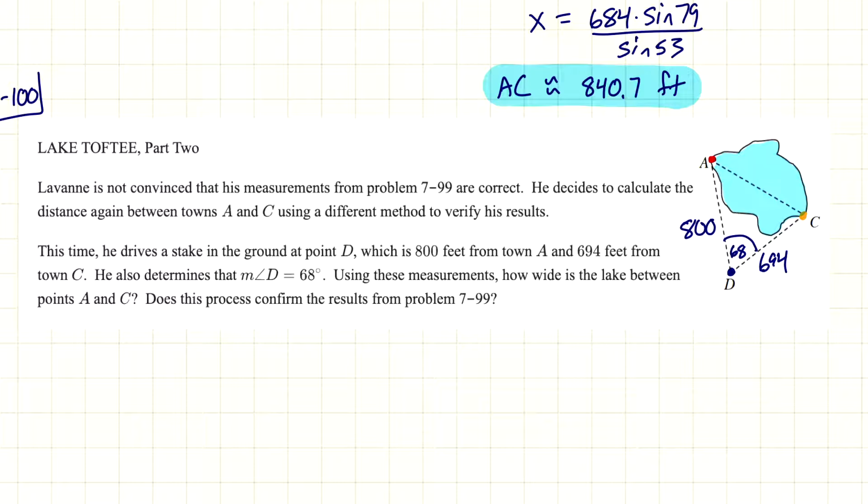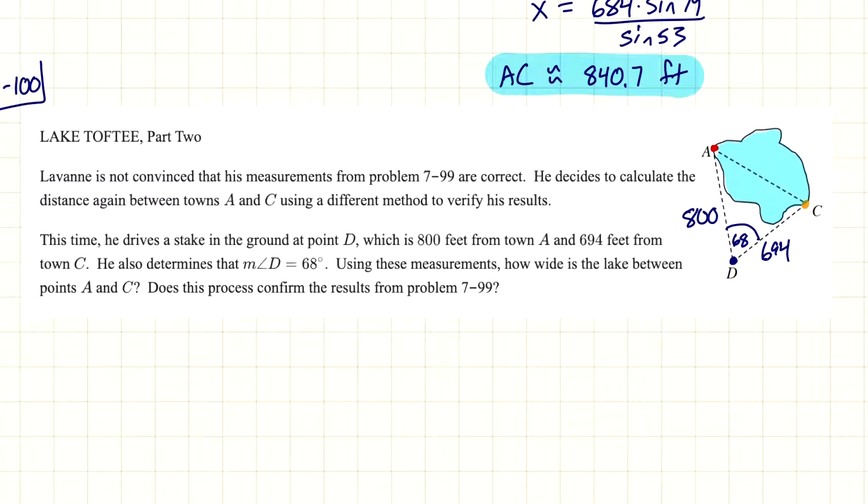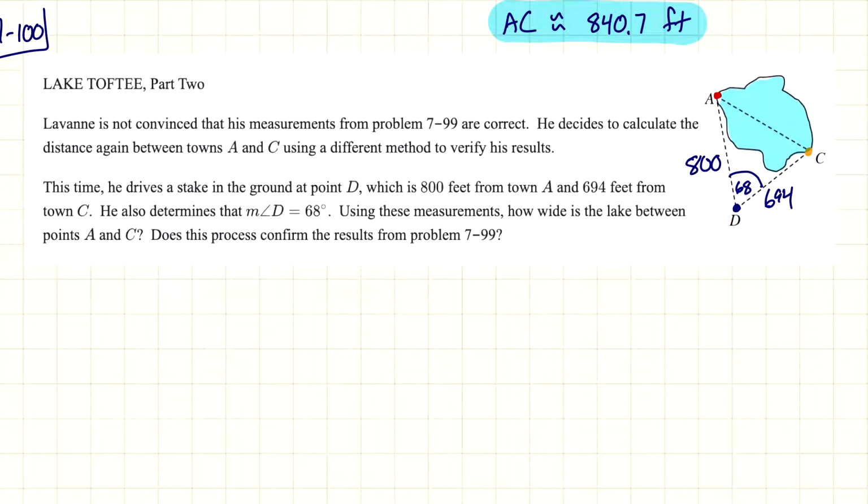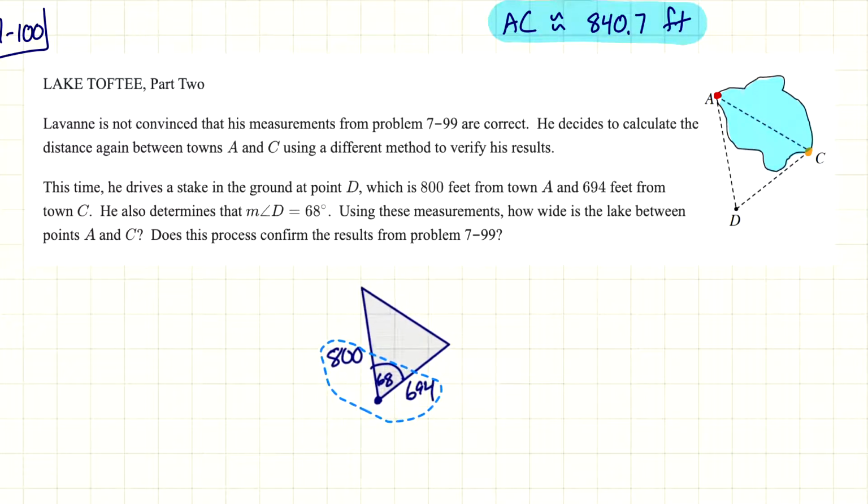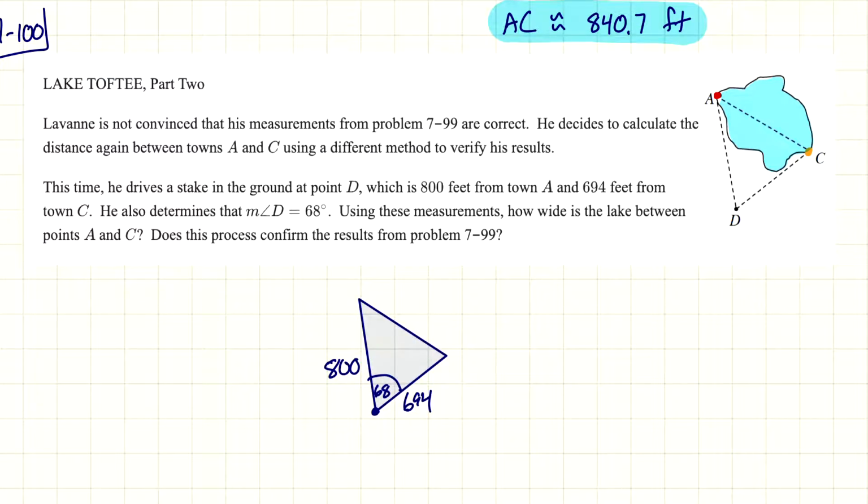All right, so first question really is, which tool are we going to use in this situation? So we have this new triangle. Let me take this one. This is going to be our A, D, and C. All right, so here's our new situation.